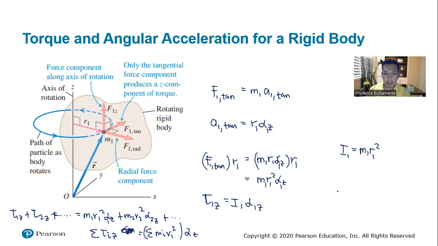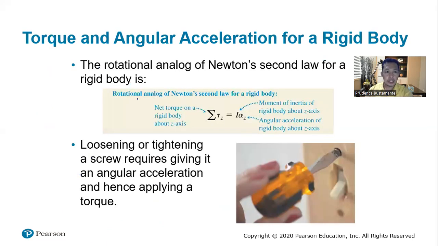So now the net torque along z is just equal to the moment of inertia I times the angular acceleration. We call this the rotational analog of Newton's second law for a rigid body.